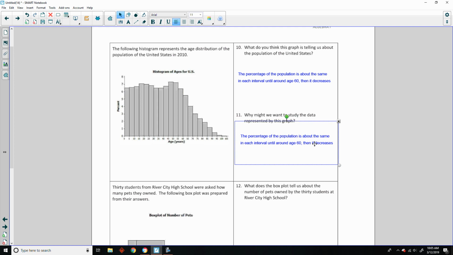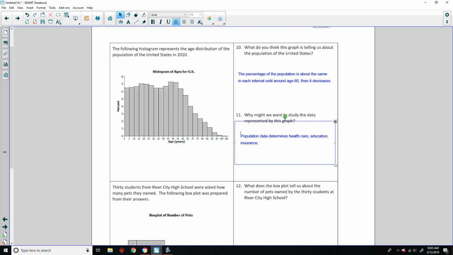I'm just going to do this real quickly, so it'll be easier for me to change instead of changing everything. Why might we want to study the data represented by this graph? Population data determines many things. Health care, education, insurance.